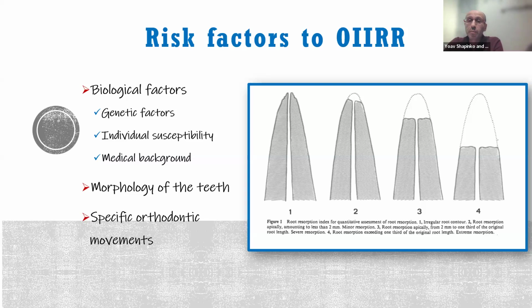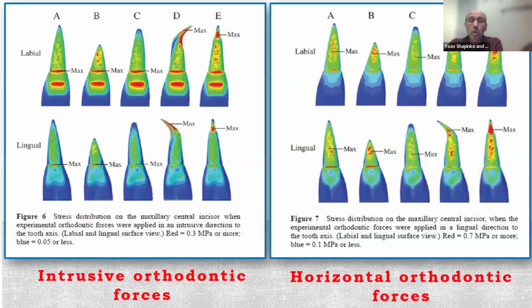And of course, some specific orthodontic modalities or movements, for example intrusion, definitely have more side effects than extrusional forces, and in cases with abuse or overuse of class 2 elastics there is an increased chance of more root resorption.